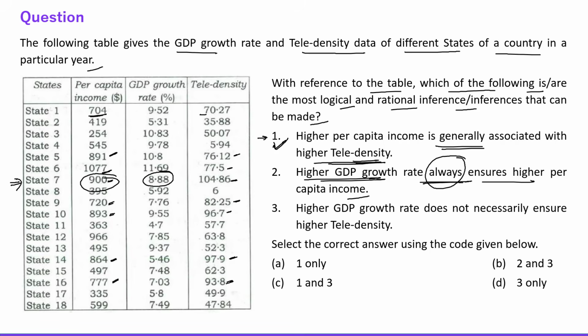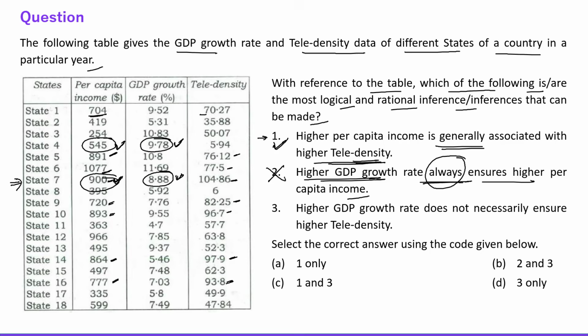So GDP growth is higher, but per capita income is less. Because if we compare state 4 and state 8, state 4 has less per capita income but higher GDP growth rate, and here this is more per capita income and less GDP growth rate. Fine. So this statement is not correct.